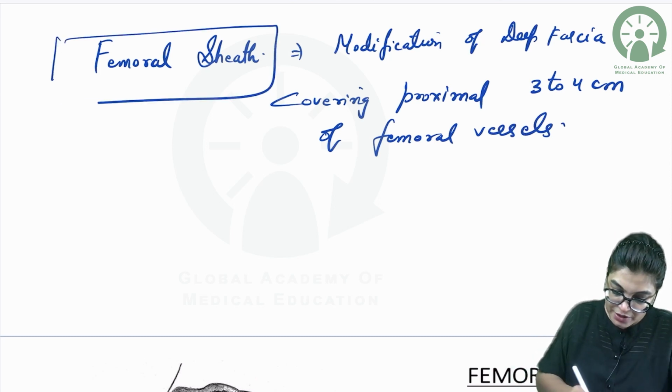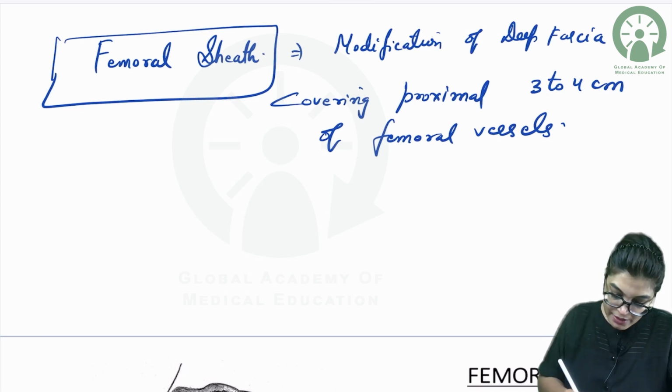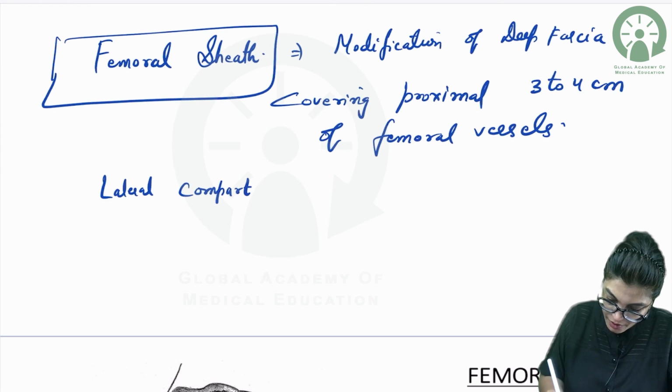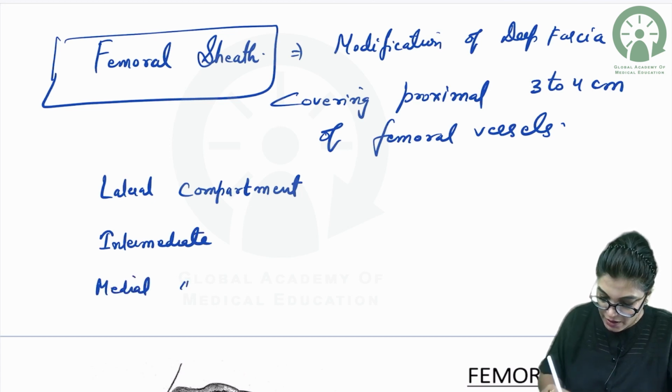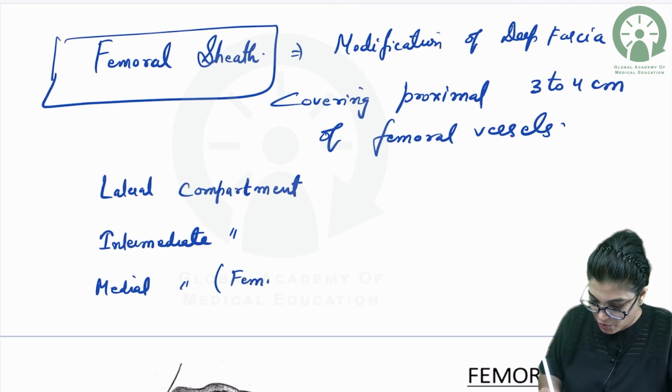Femoral sheath is divided into 3 compartments: the lateral compartment, the intermediate compartment, and the medial compartment. The medial compartment is called as femoral canal.